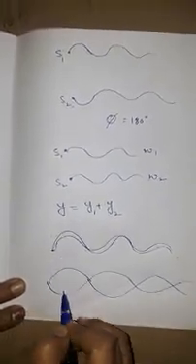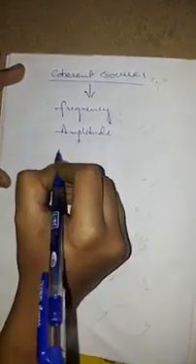To get interference of light, there is a condition, that is coherent sources. Coherent sources means two light sources emitting waves of the same frequency, same amplitude and constant phase.